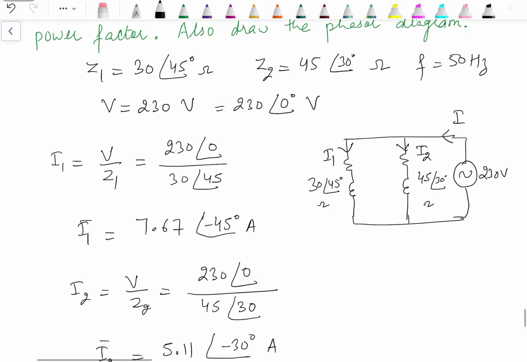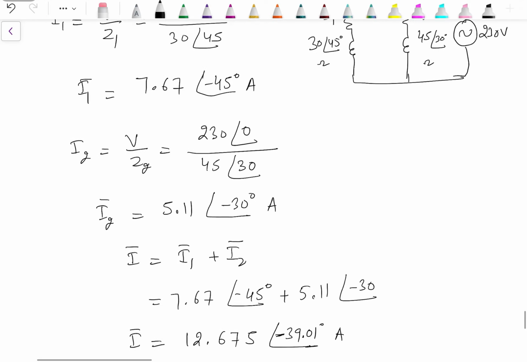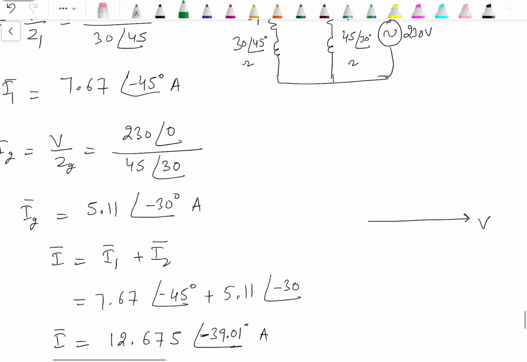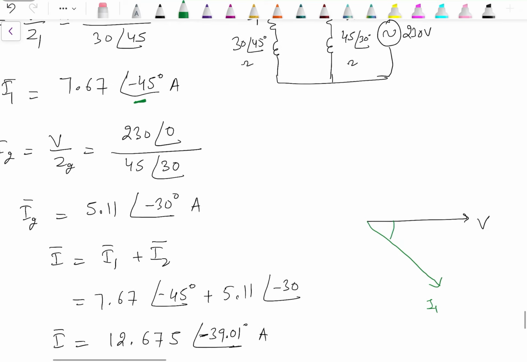And at the end we had to draw the phasor diagram as well. So if you want to draw the phasor diagram, voltage V is taken as reference, then I1 is lagging behind the voltage by 45 degrees. I2 is lagging behind the voltage by 30 degrees, and I2 is also lesser in magnitude.